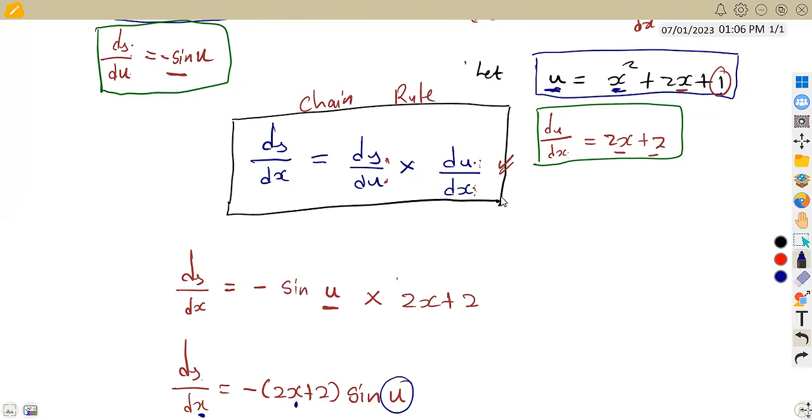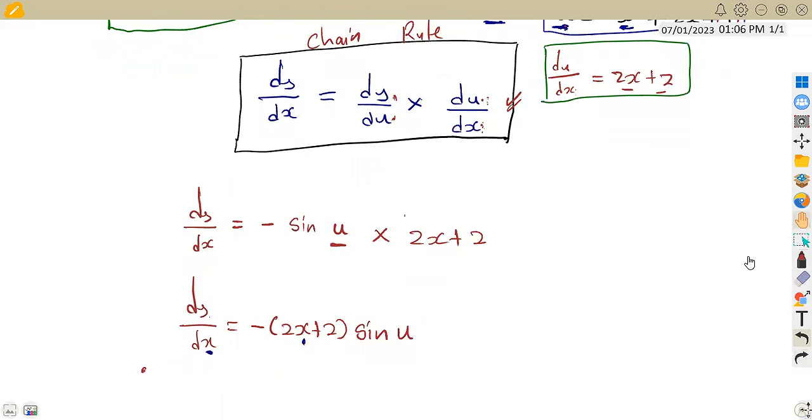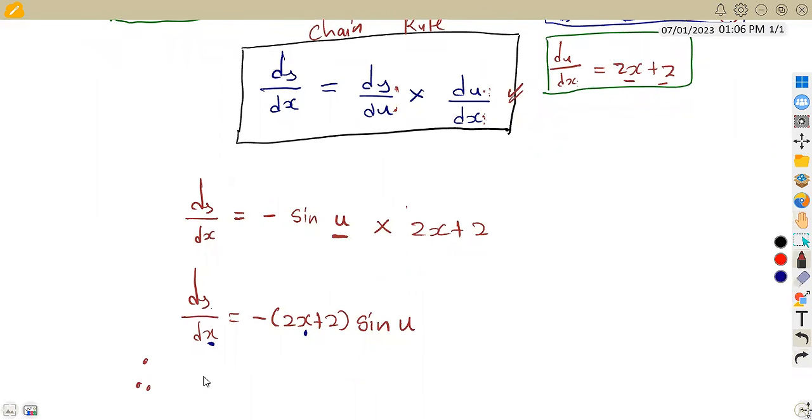So what are we going to do? We get back to where we introduced u, let u be equal to this part. So we're going to take that part in place of this u that we have here. So our final answer now can be written as follows. We just need to substitute that u there. So therefore, our dy/dx is going to be given as negative, times 2x plus 2, times the sine of u, which is from the u that we got here.